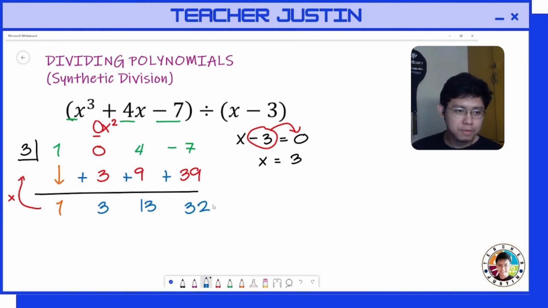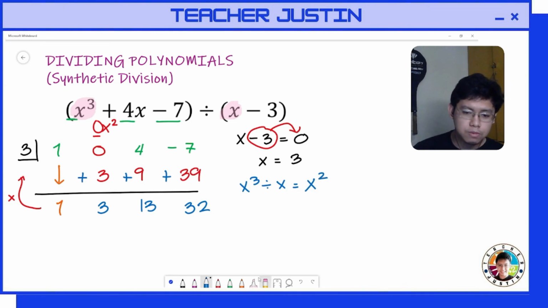Now, after applying our synthetic division, let's identify the leading term. So what will be our leading term? To get the variable of our leading term, we will focus our attention on the first term of our polynomial. Since we're dividing x raised to 3 and x, let's get their quotient. x raised to 3 divided by x, their quotient will be x squared.